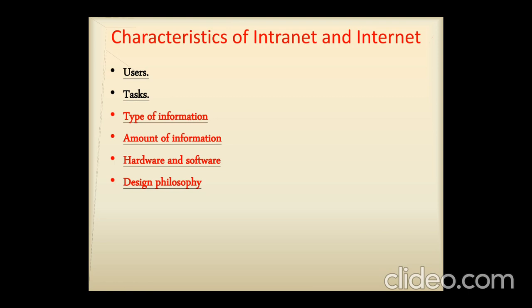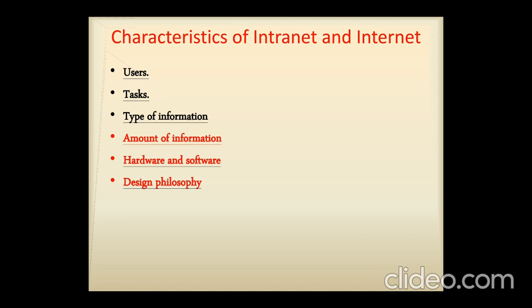So the type of information. An intranet contains detailed information needed for an organizational function, whereas information is often added or modified. The internet usually presents more stable information, maybe like marketing and customer or client information and reports. They differ depending upon the type of information they offer.